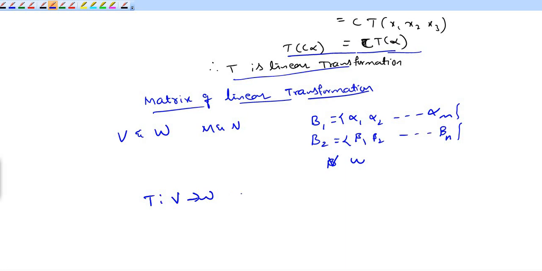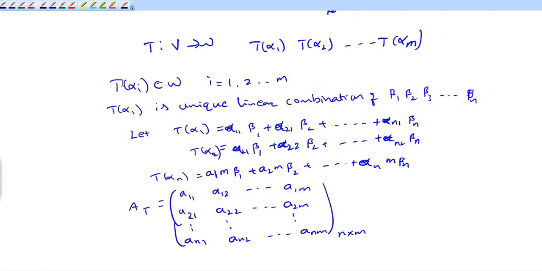We know that T can be completely determined by the vectors T of alpha 1, T of alpha 2, etc., T of alpha m. Suppose T of alpha i belongs to W, where i is from 1 to m. Then T of alpha i is a unique linear combination of beta 1, beta 2, etc., beta n.